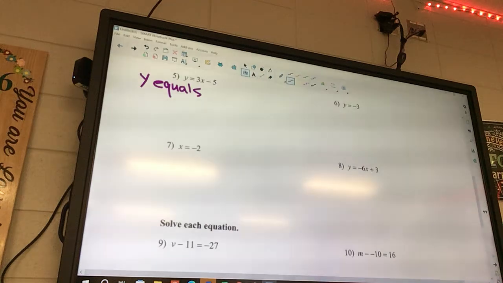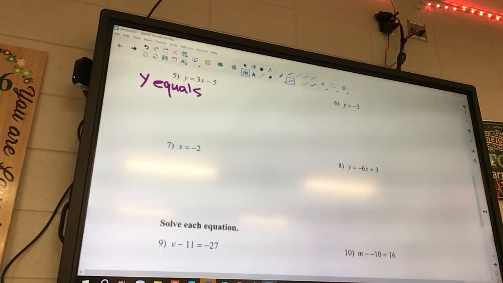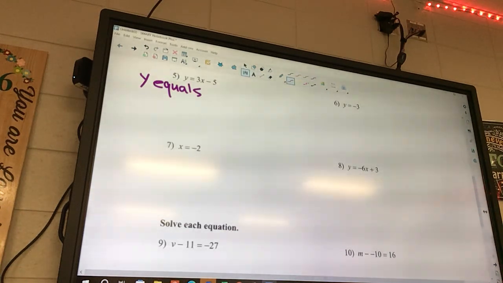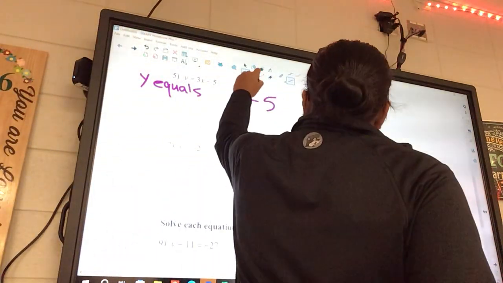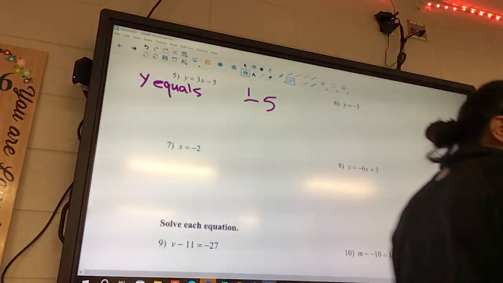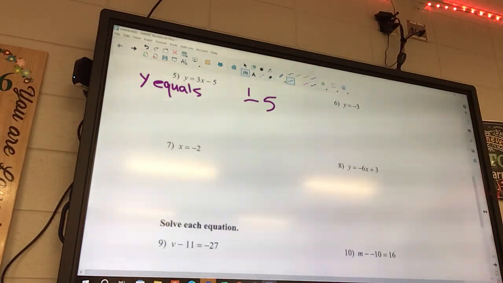So y equals 3 times x minus 5. Okay, it should say the words. You can't write minus 5. Okay, you can't do that. This needs to say the word minus. Like I even drew an arrow, but the thing is just not, it's not today.